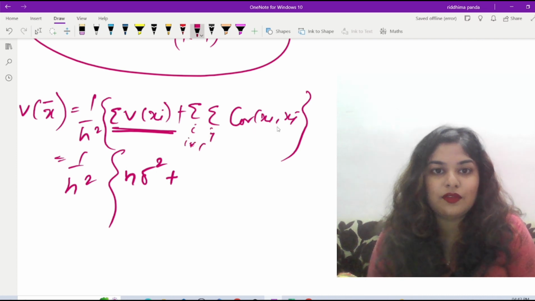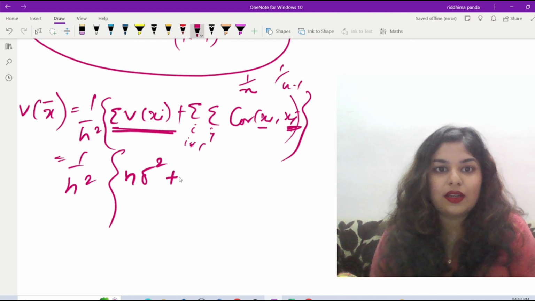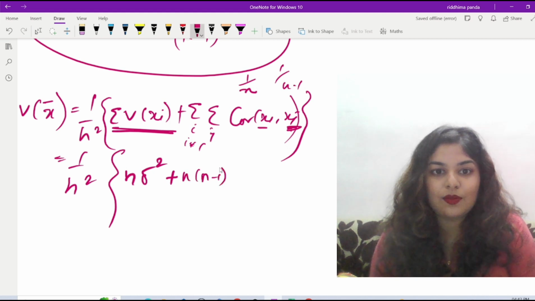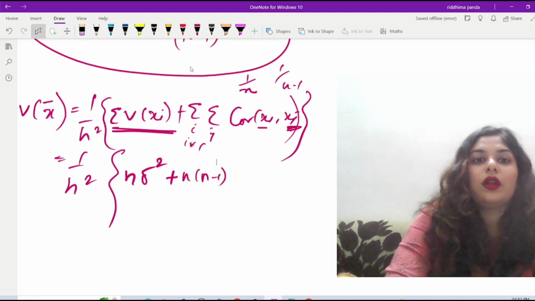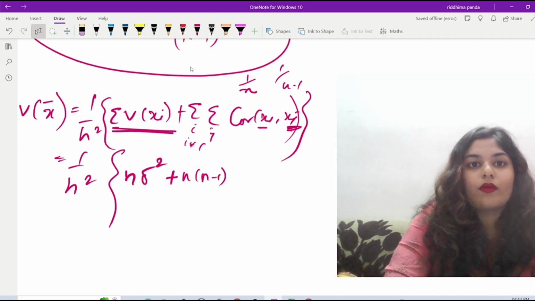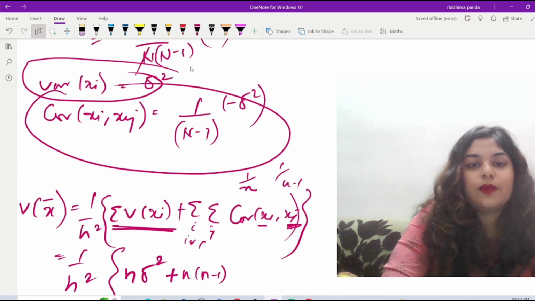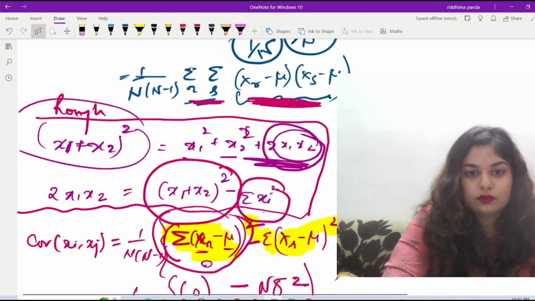So if the probability of xi is 1 by n, then the probability of xj is 1 by n minus 1. So what can I write down here? Plus n into n minus 1, and the values. What are the values? The value is minus sigma square by n minus 1.